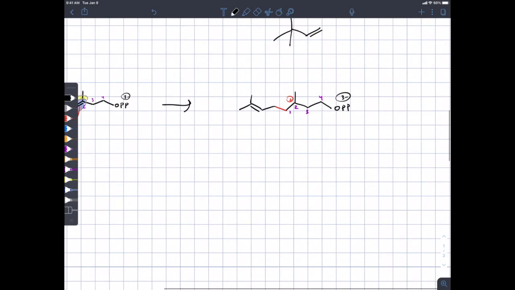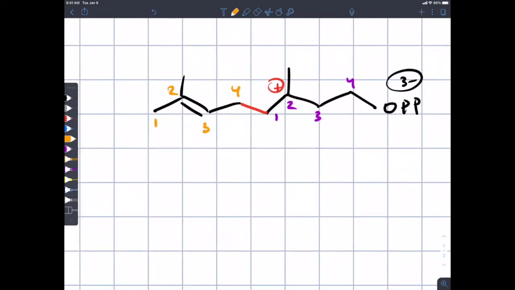Okay, any reason why that bond might form between purple 1 and orange 4? Sterics is a possibility. Go ahead. Yeah, more stable. So sterics is a possibility. And then also you get as a product the more stable tertiary carbocation.